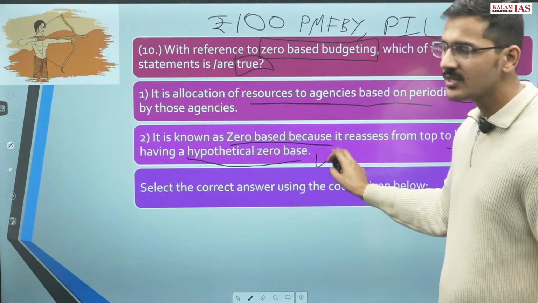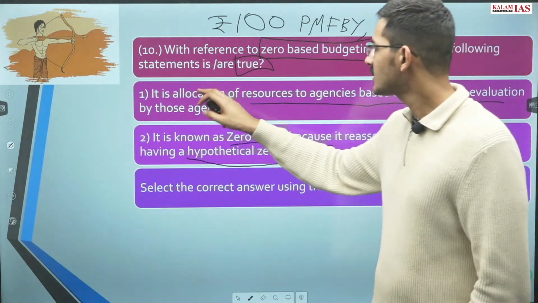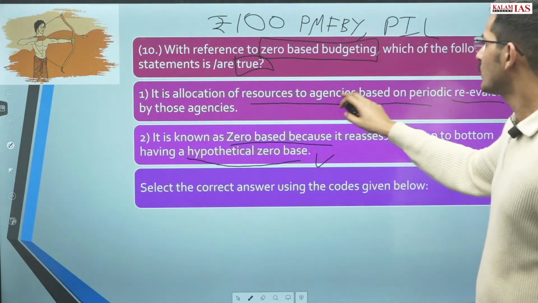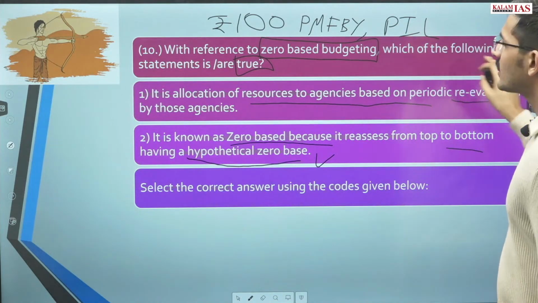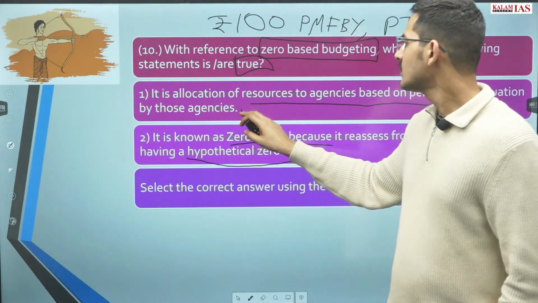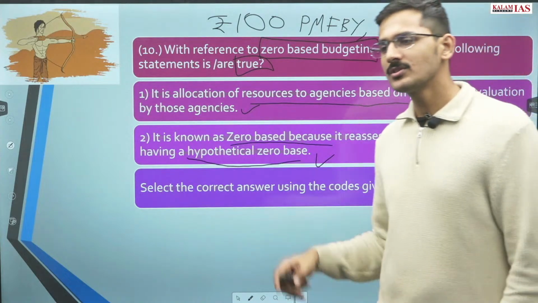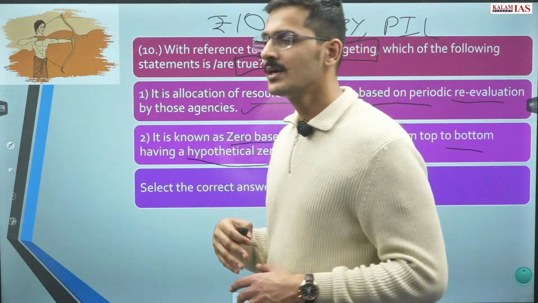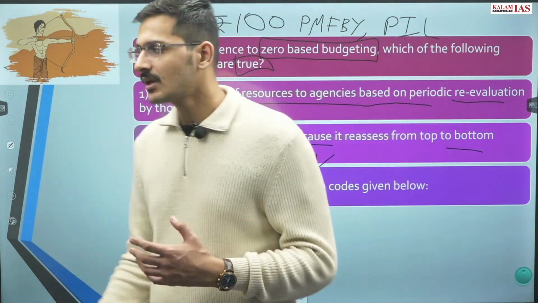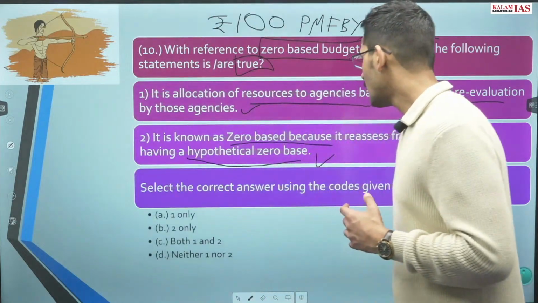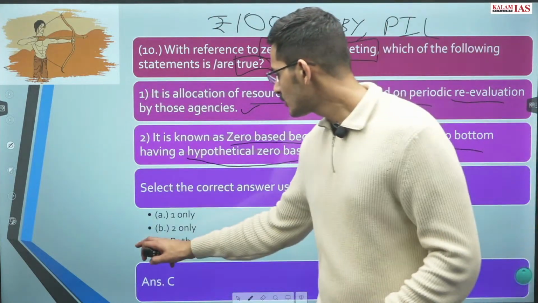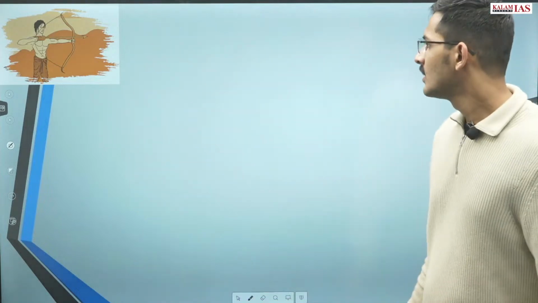Okay, this is a right statement. The first statement is, it is allocation of resources to agencies based on periodic re-evaluation by those agencies. Okay, this is also a correct statement because there is a periodic re-evaluation of all the expenditures of all the budgets of that particular agency. So answer here is C, both 1 and 2.